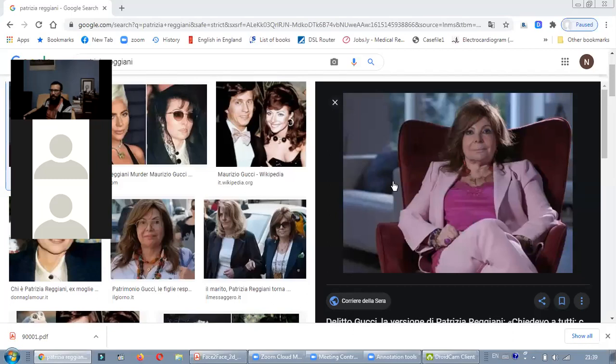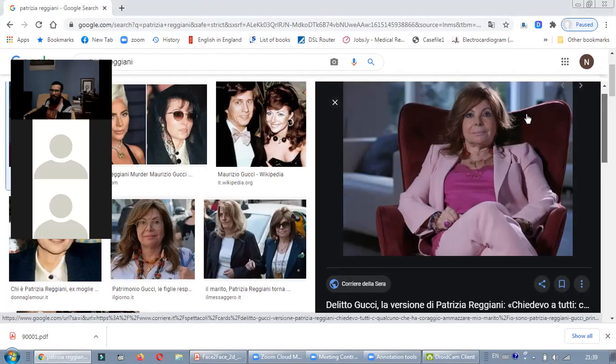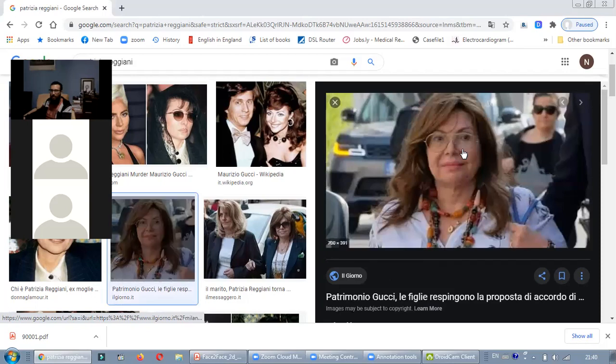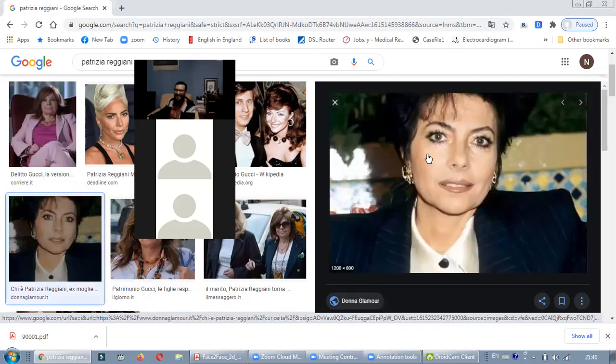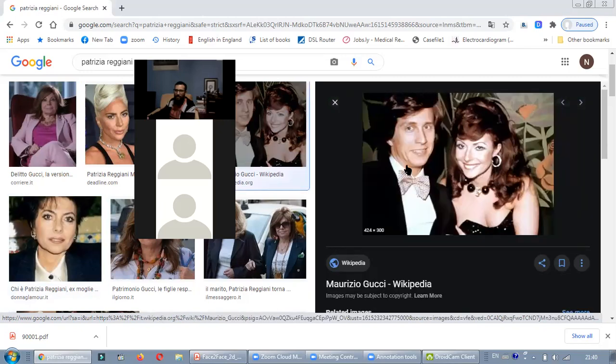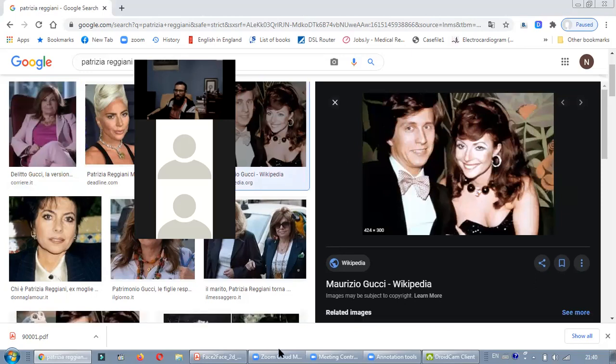Yes, this is Patrizia. This is after she left prison. And this is also a new photo after she left prison. She looks dangerous. This is when she was younger, and this is Maurizio Gucci before she killed him. Poor Maurizio, I agree.